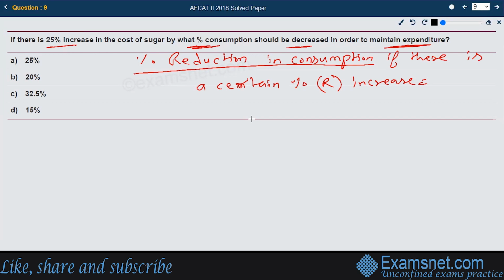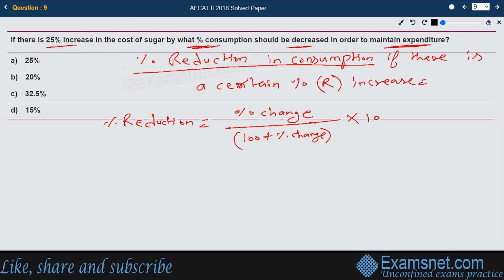The formula for percentage reduction in consumption is the percentage increase divided by 100 plus the percentage change, and this has to be multiplied by 100, and the overall answer will again come in percentage. So let us put the values inside.